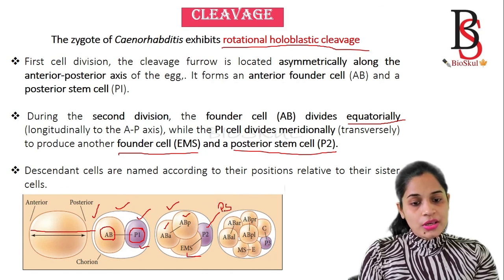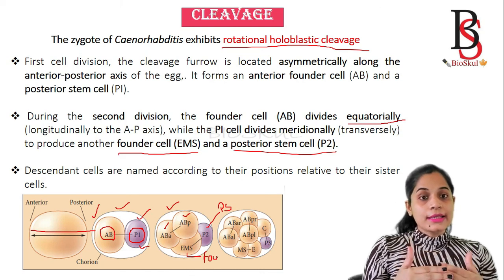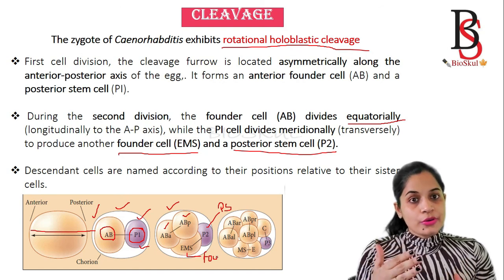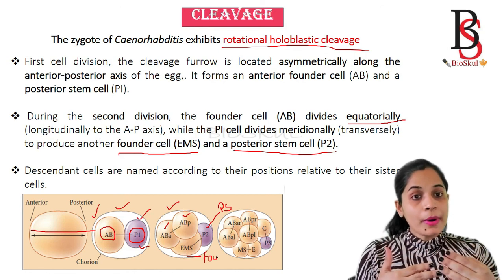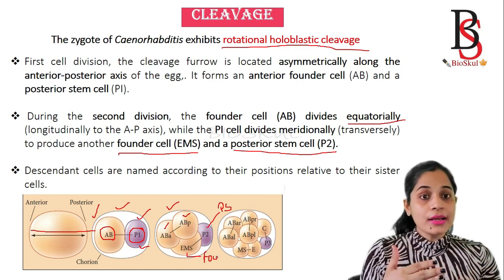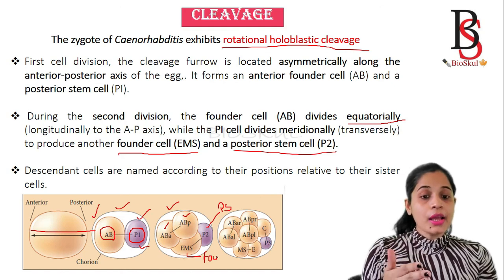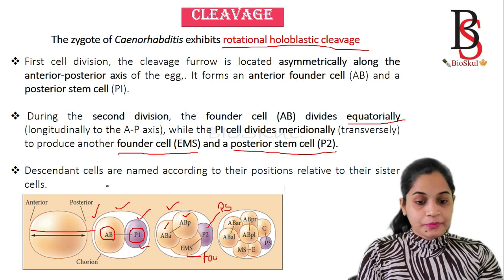P2 is the posterior stem cell and EMS is the founder cell. So in each cleavage the founder cell produces founder cells, but the stem cell produces one founder cell and another stem cell. The founder cells divide equatorially, whereas the stem cells divide transversely.